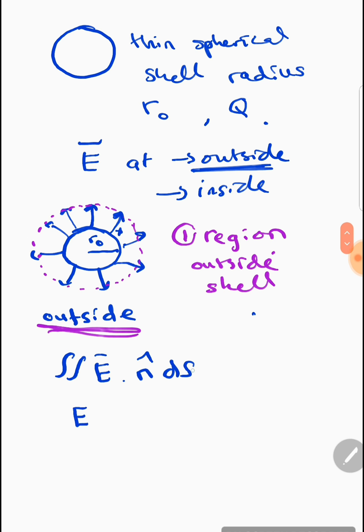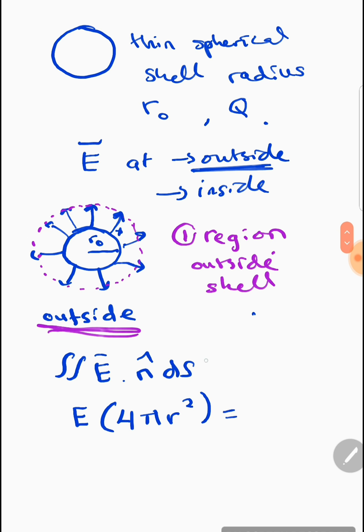And the best part is that dS is the surface area. For a spherical shell, the surface area can be represented as 4 pi r squared, because 4 pi r squared is the total surface area of a sphere.